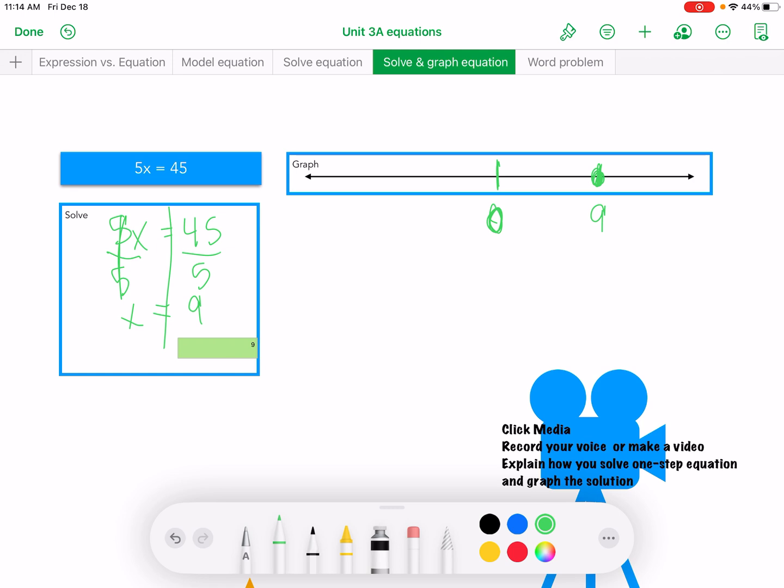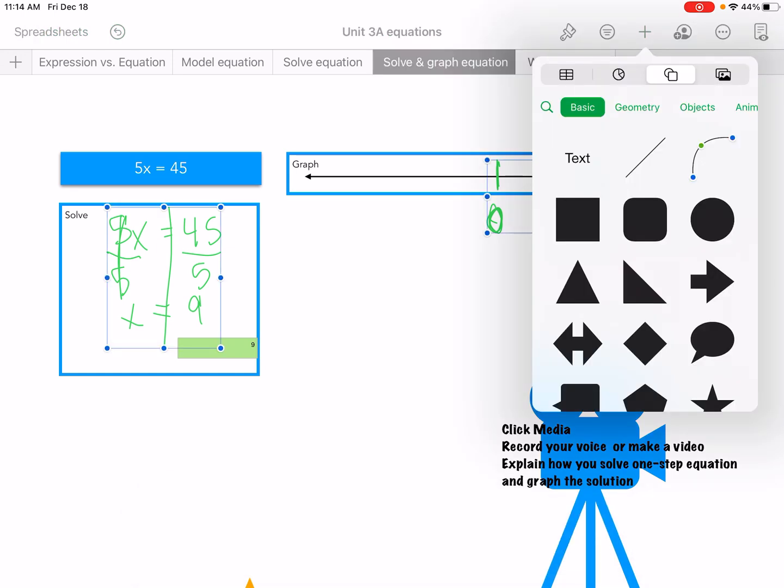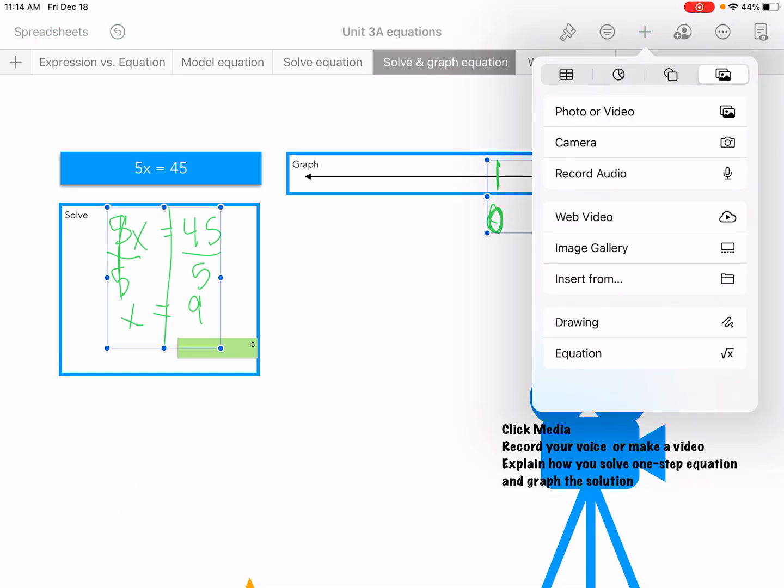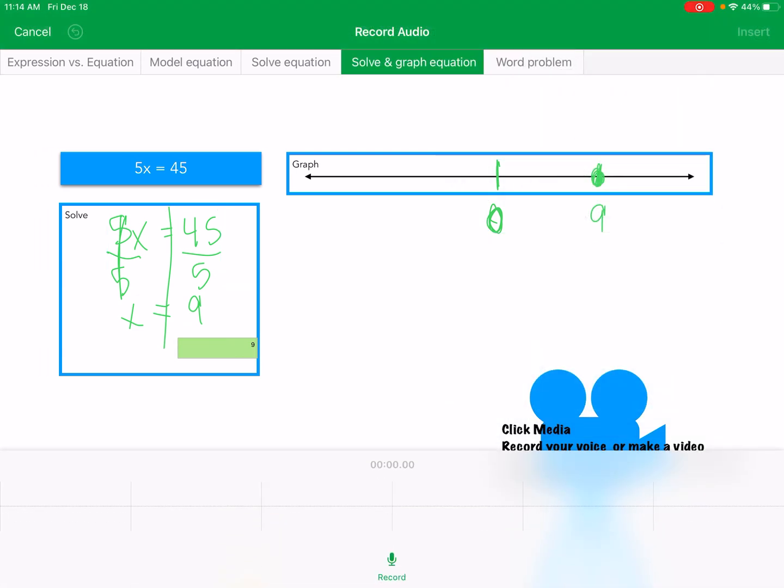Now remember, if you go to the plus button, and then you go to the pictures at the far right, and then you can click on record, and I'm going to start recording. 5x is equal to 45. This is multiplying. The inverse of multiplying is dividing.